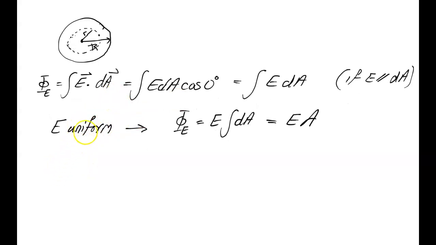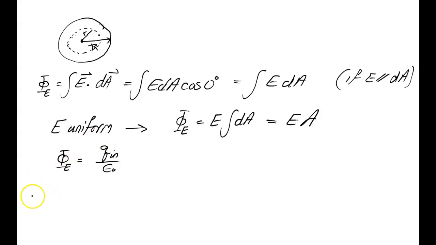Keep in mind that since the flux can also be the charge enclosed over epsilon naught, I need to know the charge enclosed for my Gaussian when I'm doing the inside part.